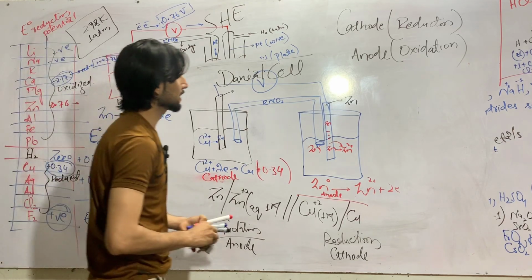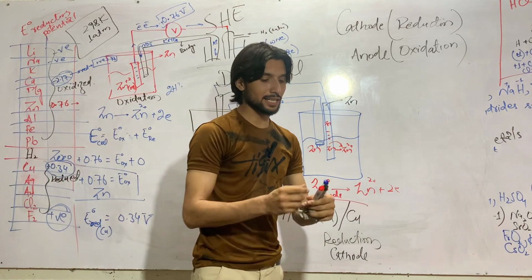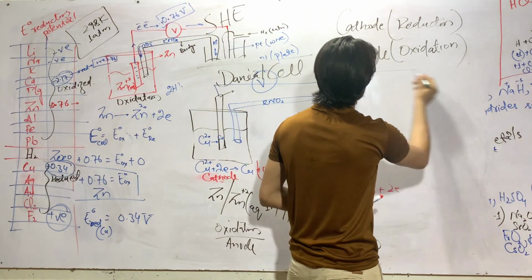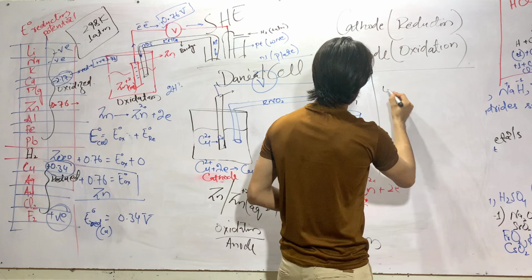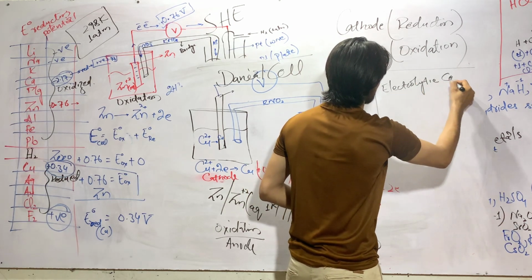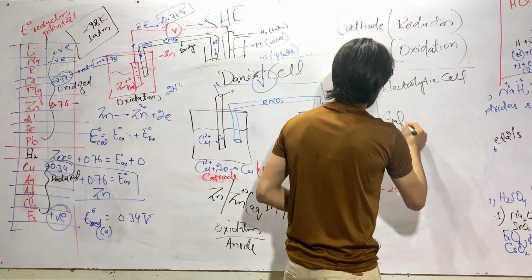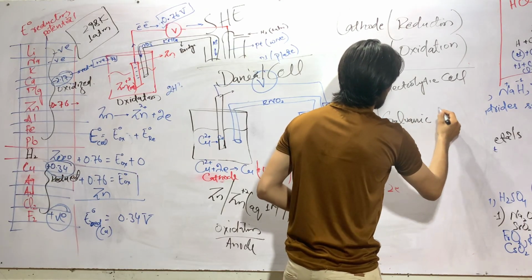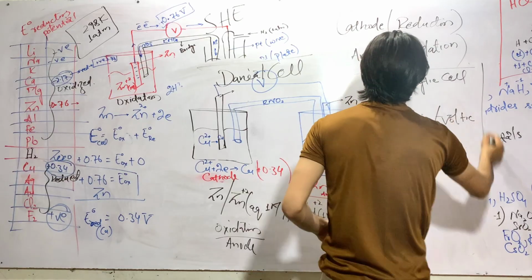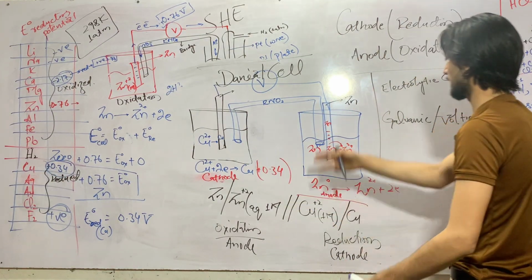Another thing I must tell you, which is in our syllabus and we must discuss, is that there are two kinds of cell: electrolytic cells and galvanic cells. They are also called voltaic cells, of which we discussed an example over here. Daniell cell is the example.